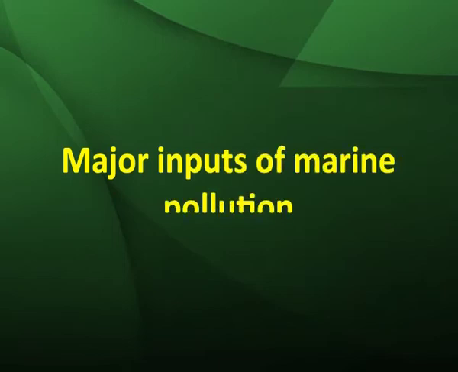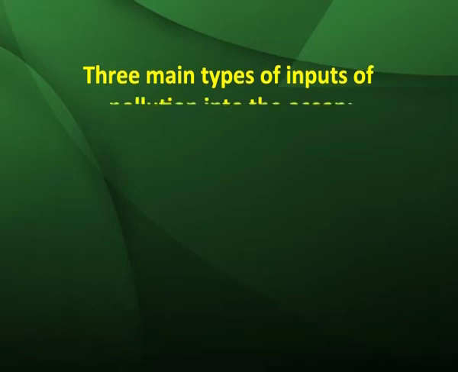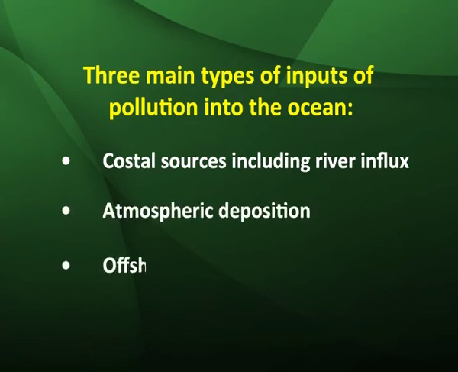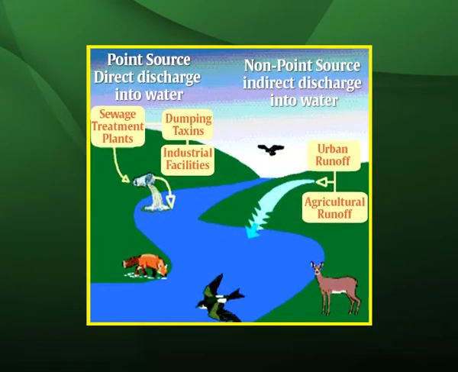Now, the major inputs of marine pollution. There are three main types of inputs of pollution into the ocean: coastal sources including river influx, atmospheric deposition, and offshore inputs. Coastal sources are either point sources or diffuse sources.